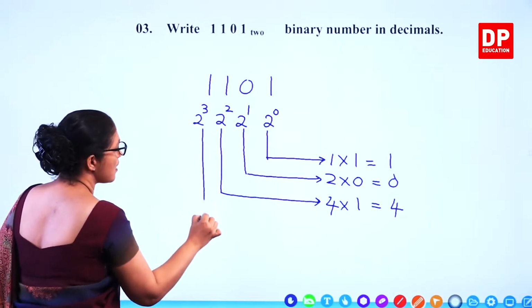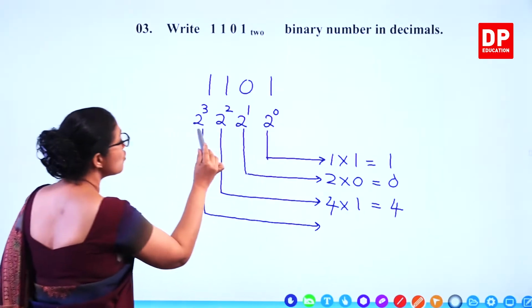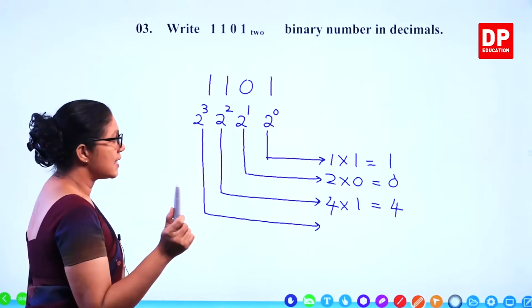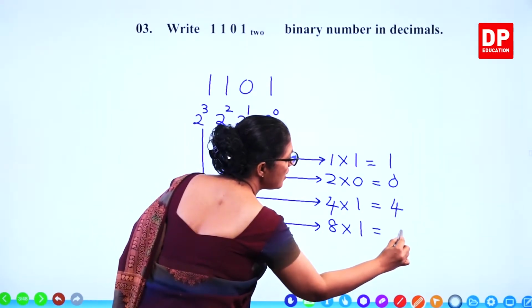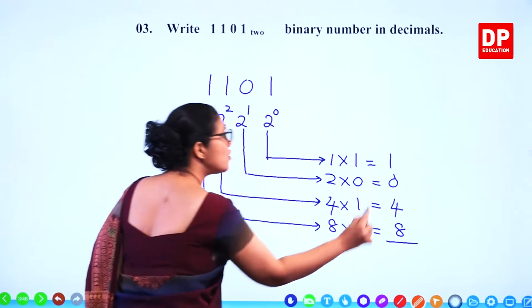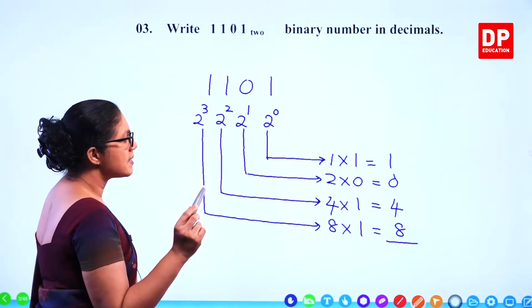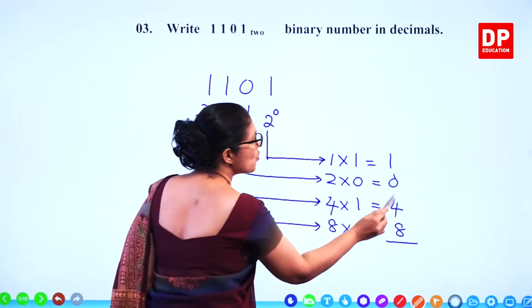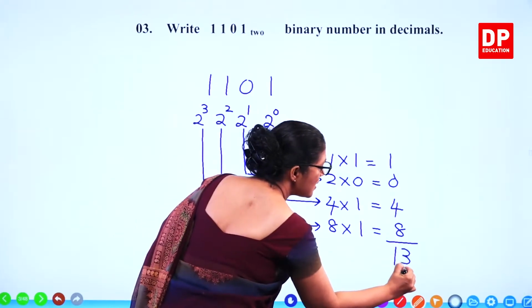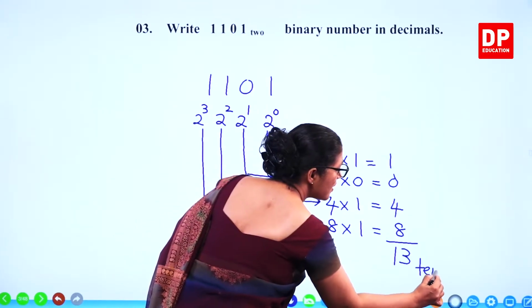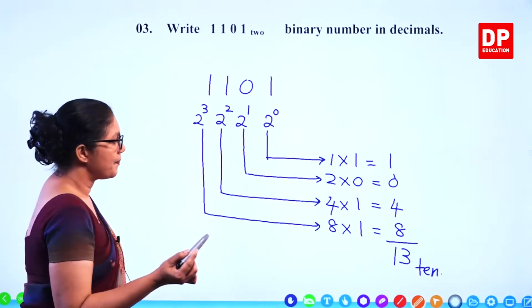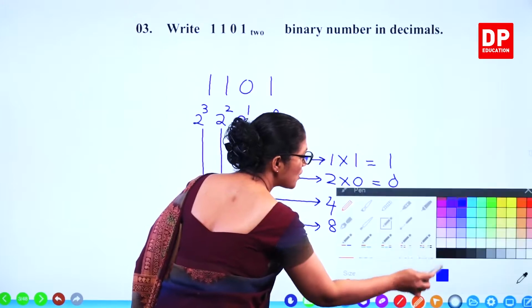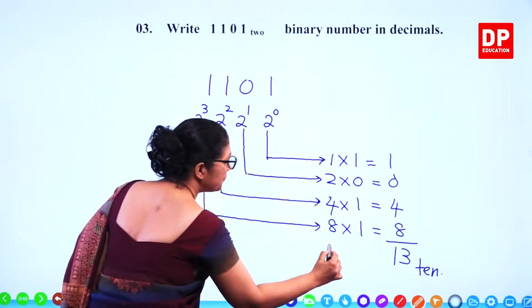And the last number is 2 to the power 3, that's 8. 8 times 1 is 8. Now when you add it, you get the number in base 10. 8 plus 4 is 12, plus 1 is 13. We can write this as the base 10 value, or we call it decimals. So you get 2 marks for that.